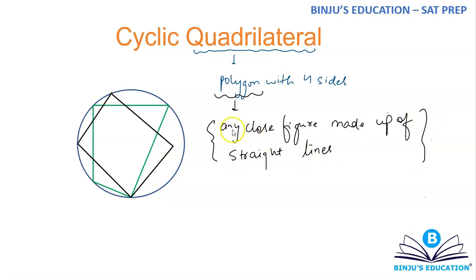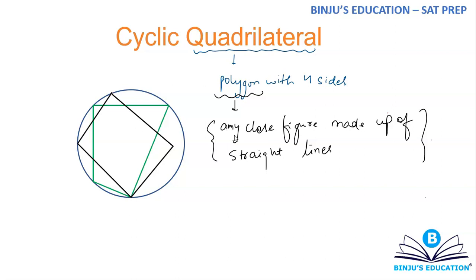The smallest polygon that you have is triangle, and then it keeps on going on. So quadrilateral is the second smallest polygon, which is basically made up of 4 sides. Okay, now what's a cyclic quadrilateral?